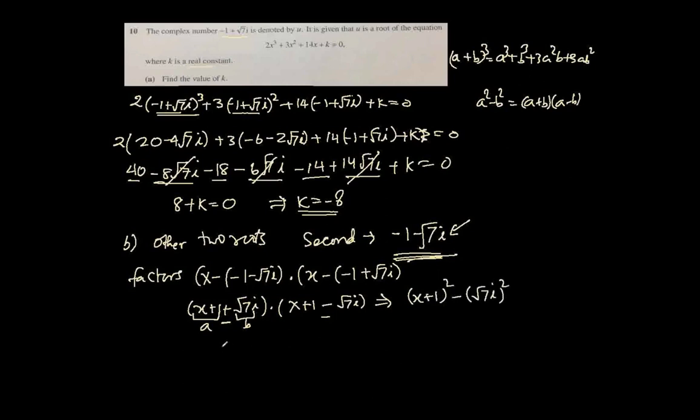So let's open this up. x square plus 2x plus 1, that is the expansion of this, minus 7 i square, which is plus 7. So what do we get? x square plus 2x plus 8. This is the multiplication of the two factors we already know.